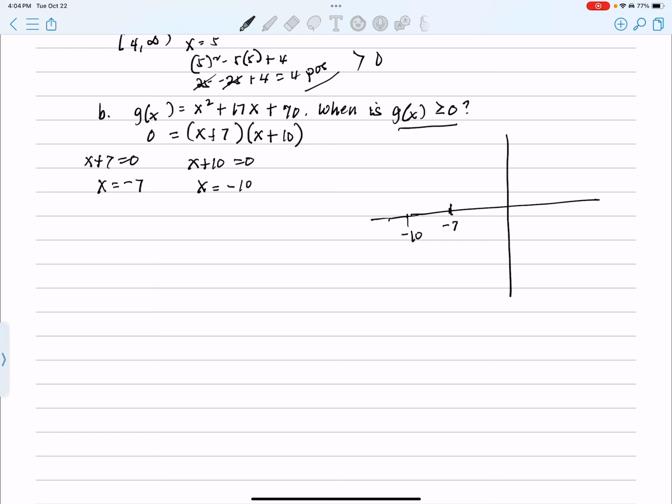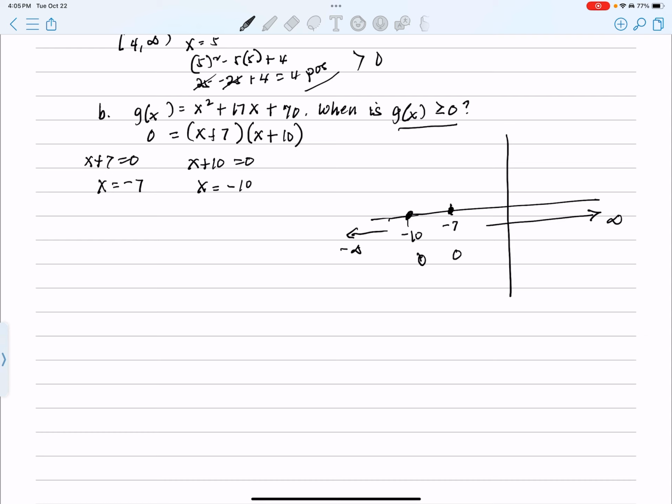This is where our roots are. In other words, the function here is 0. These are the zeros. This is the negative infinity, and this is the positive infinity from negative 7 towards the right. So we have to divide it into intervals.